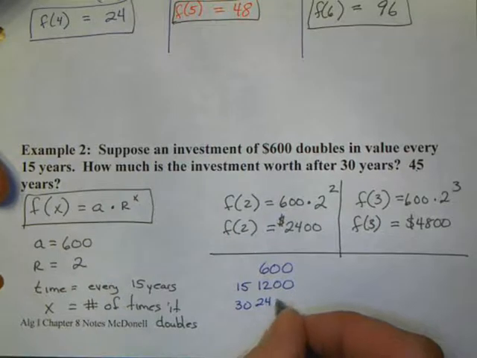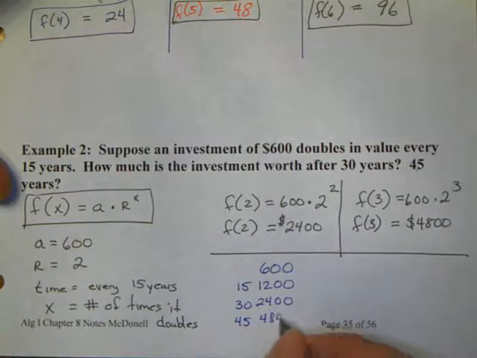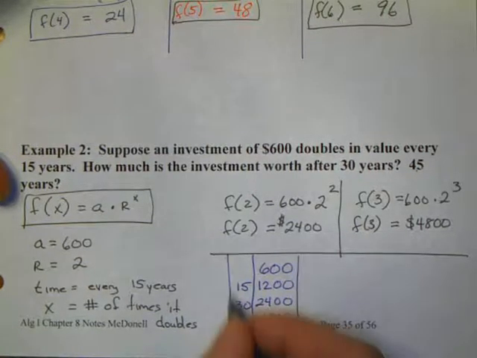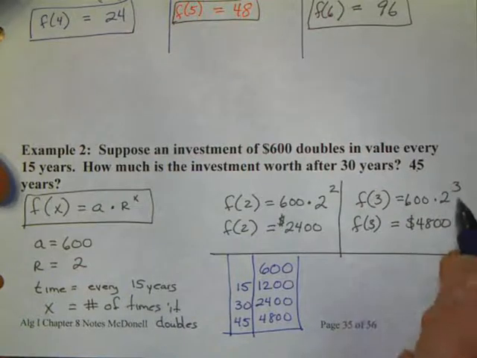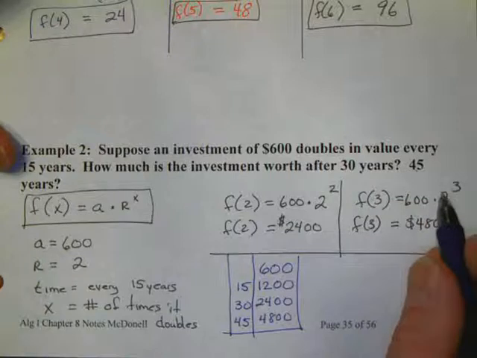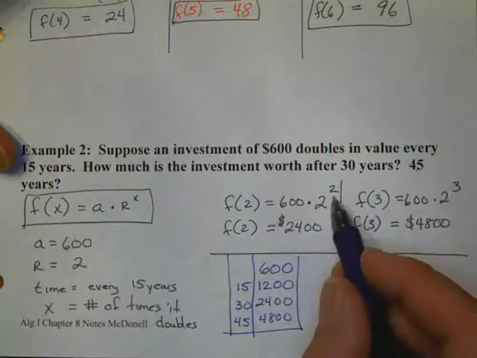Now, do you have to use a formulaic approach to solve this? No, you could just use common sense. You start with 600. After 15 years it doubles. Now you have 1,200. After 15 more years, you're at 30 years and it doubles again at 2,400. And after your final doubler, 15 more years at 45, it doubles again to be 4,800.